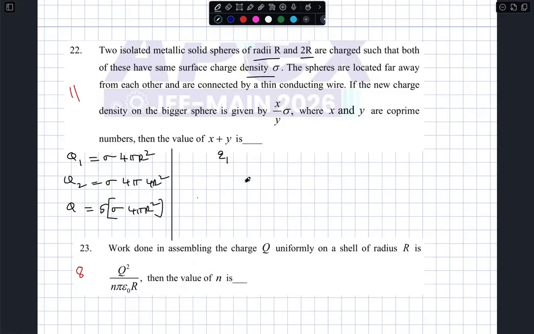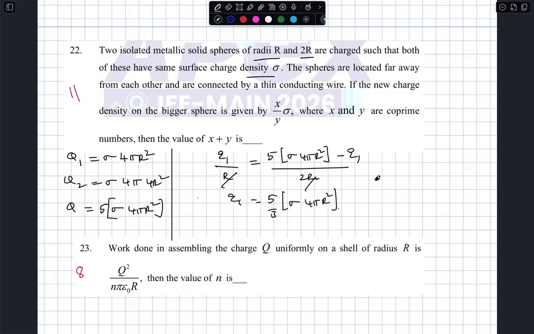So what I mean to say is Q1 by R is the same as total charge, 5 sigma 4 pi R square, minus Q1 by 2R. Finally, potentials are same. So this gives Q1 is 5 by 3 times sigma 4 pi R square. Okay, this is the charge on the first one.